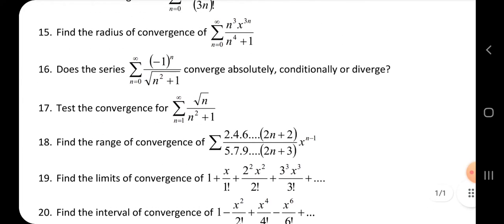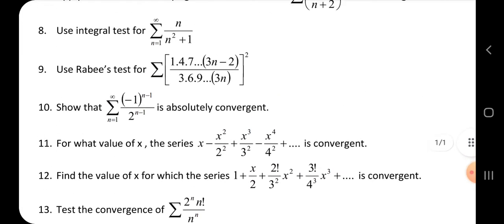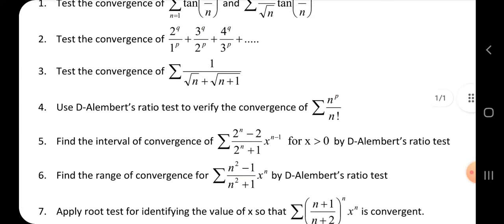In the case of an alternating series, first you need to verify whether the given series is convergent or not by applying the Leibniz test, and then on applying absolute convergence to the absolute series, you can use any of the methods to verify it. If the absolute series is also convergent, you call it absolutely convergent. If it is divergent, you call it conditionally convergent. So these are the 20 problems I have given corresponding to unit number 3.